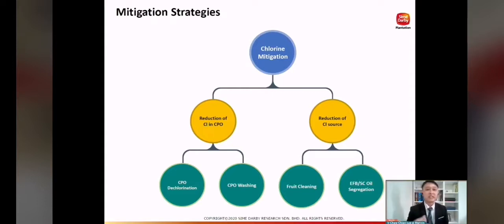In terms of 3-MCPDE mitigation, we first need to address chlorine mitigation. For this part, I divide it into two parts: one is we directly reduce the chlorine source, and another is we reduce the chlorine from the CPO itself.